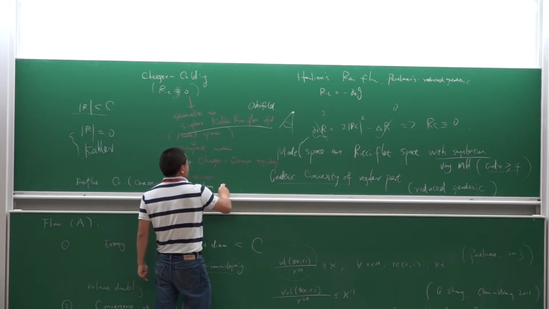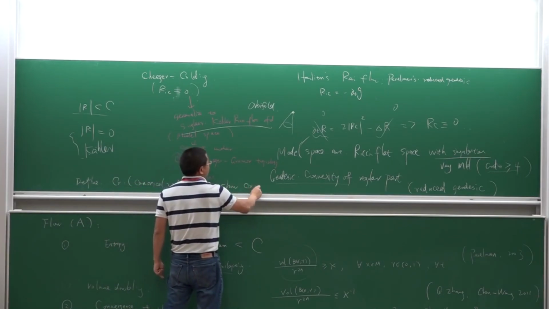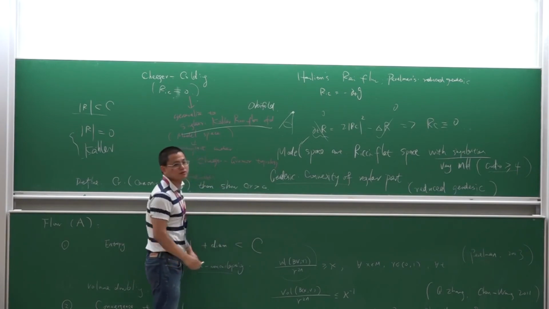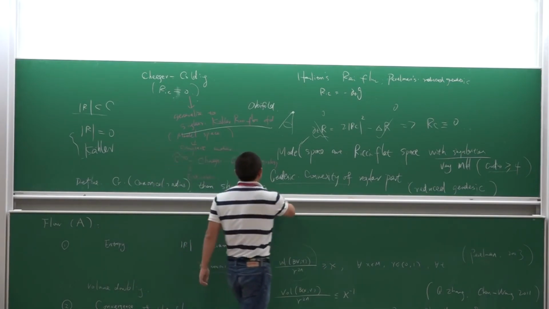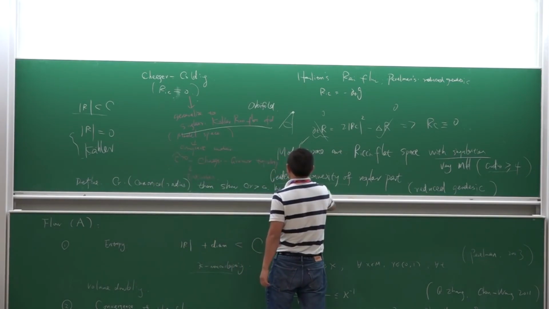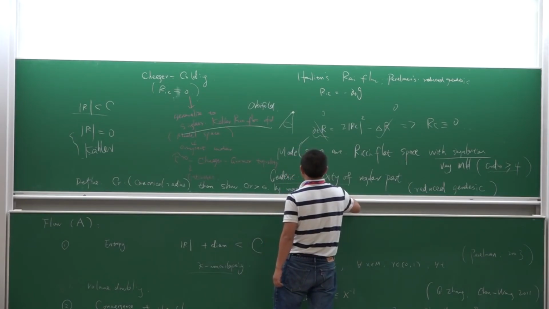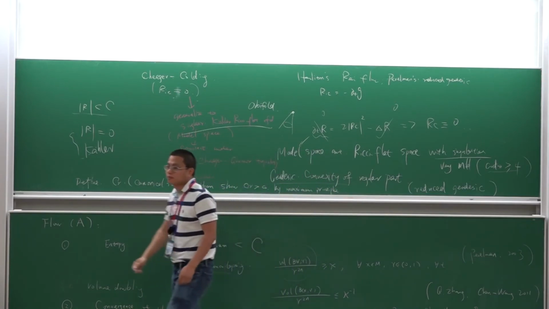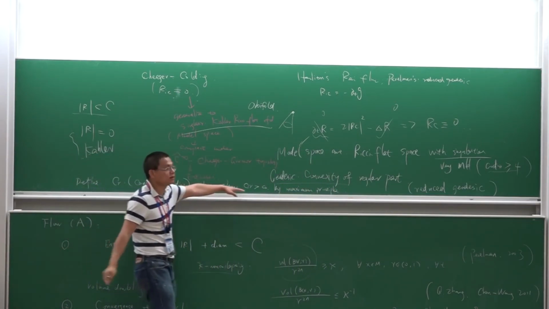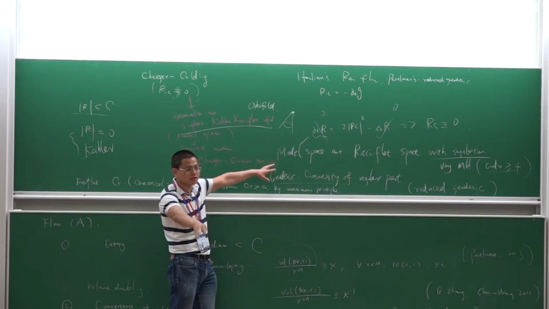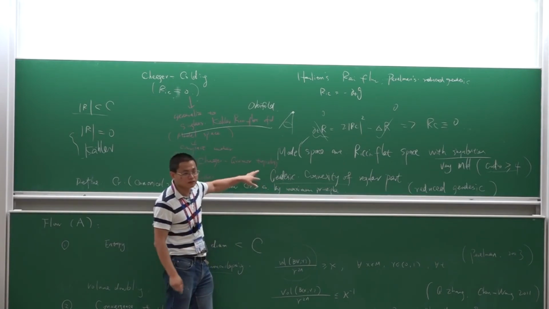Then show the canonical radius is uniformly bounded from below by a constant, by the maximum principle. Basically, if it's not bounded from below, you can rescale at some critical level.